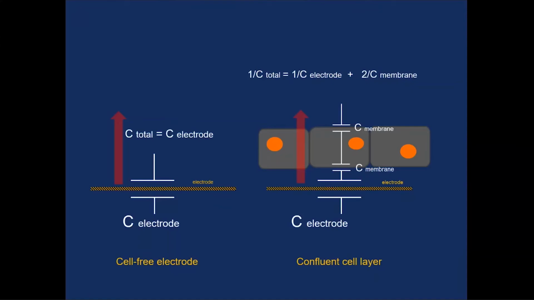When capacitors are connected in series, as we see here, the capacitance can be no higher than the lowest capacitance in the group. And so as cells attach and spread, whereas they increase the resistance, they will decrease the measured capacitance. And this is particularly striking if we go to high AC frequencies.